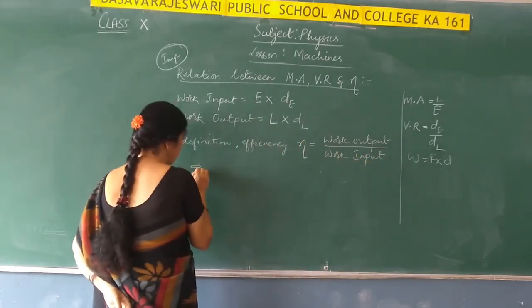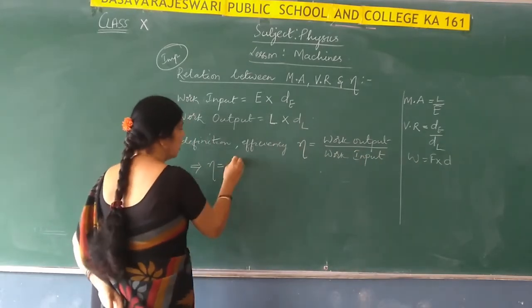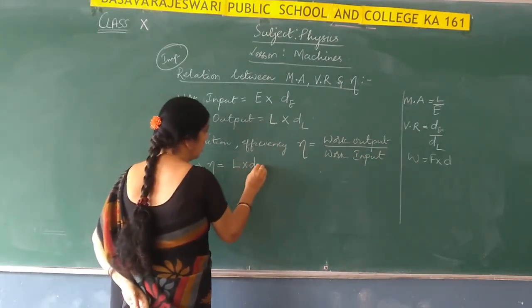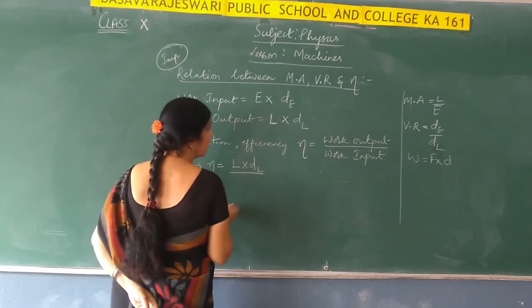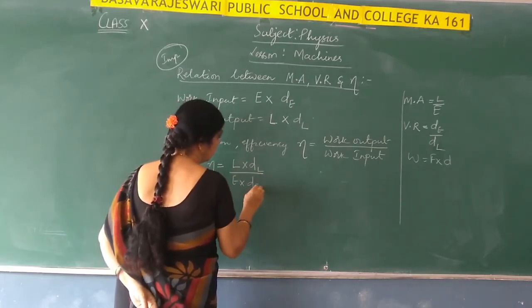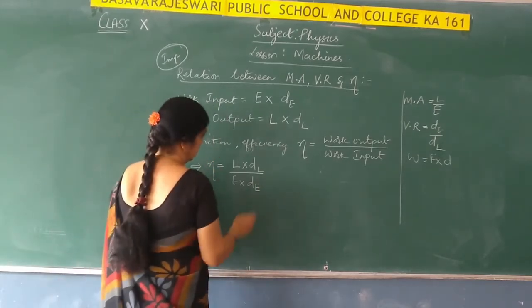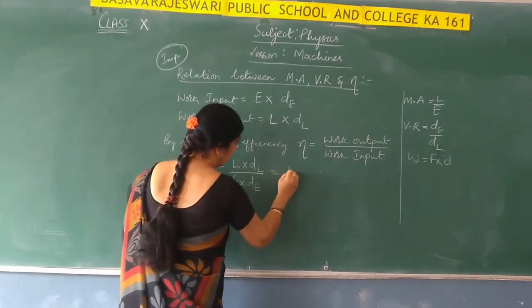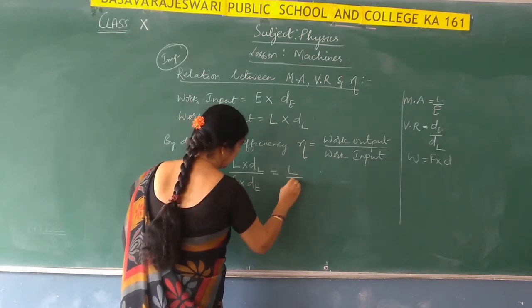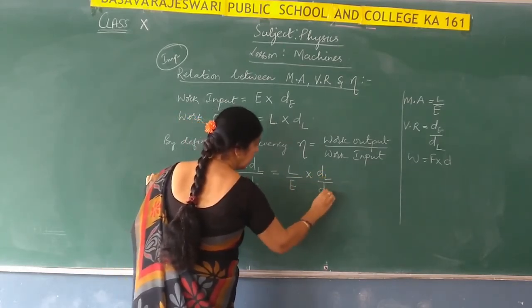This implies efficiency is equal to work output, L into dL, divided by work input, E into dE. Now this is equal to L by E multiplied by dL by dE.